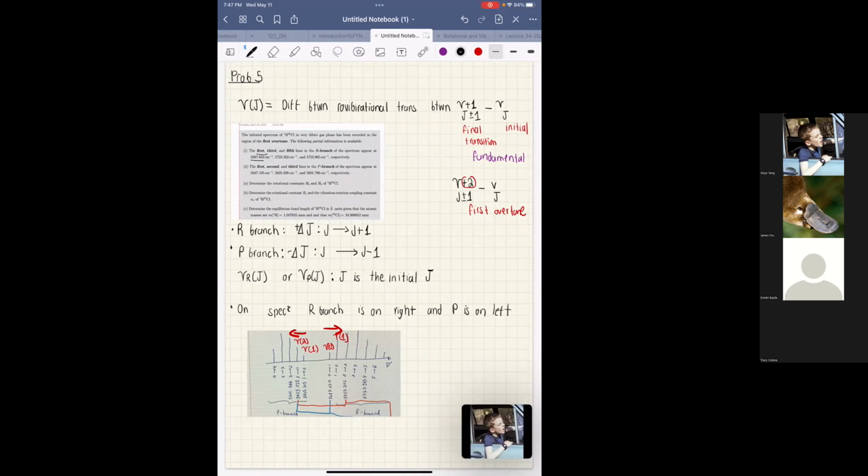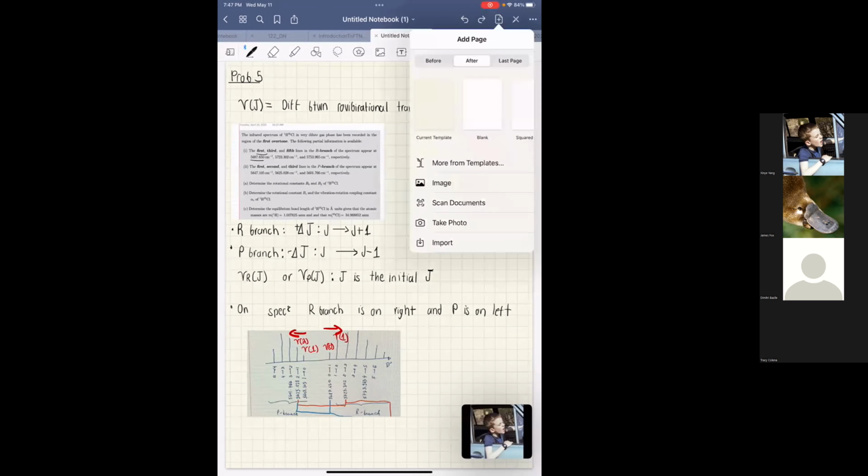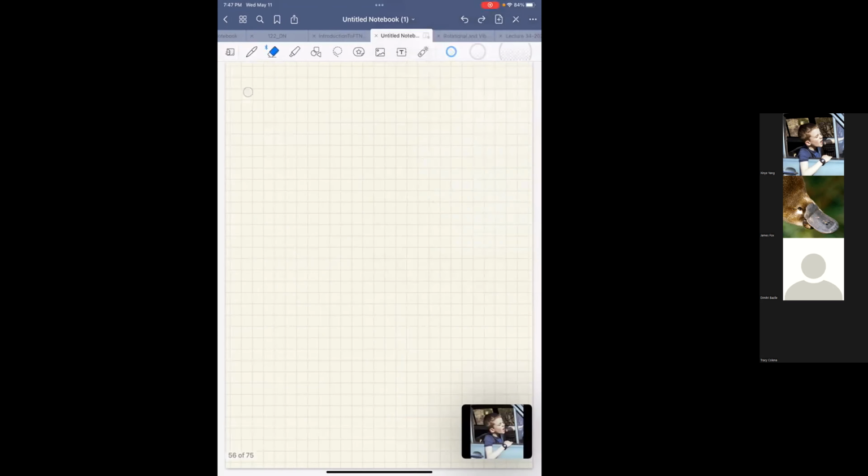Okay. So ν is basically the difference between, wait, let me write it on a separate sheet. So ν is the difference between the rotational-vibrational energies.